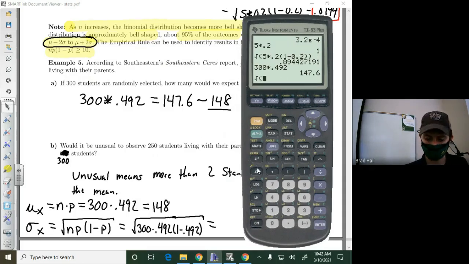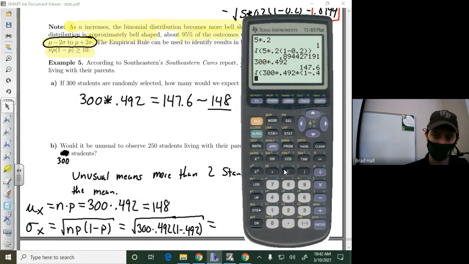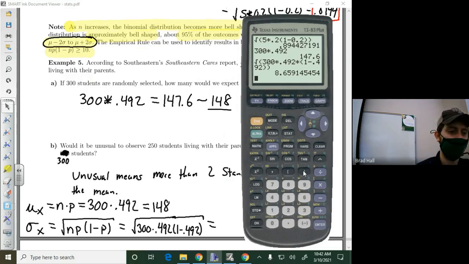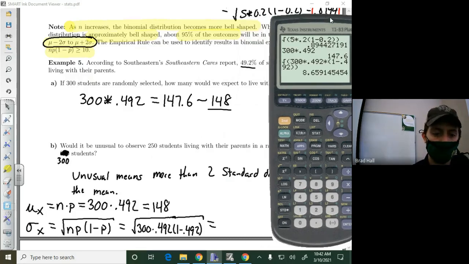So the square root of 300 times 0.492 times 1 minus 0.492. And that tells us that the standard deviation is 8.66. I'll leave it at 2 decimal places.